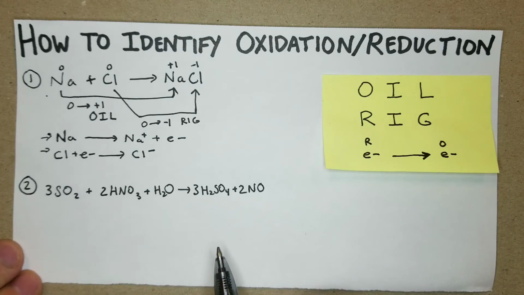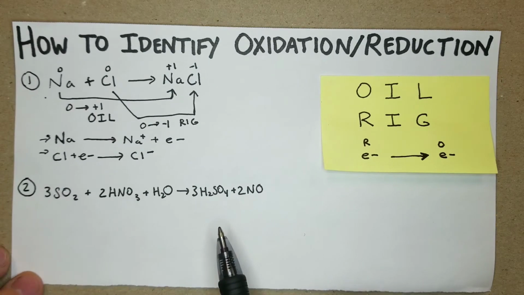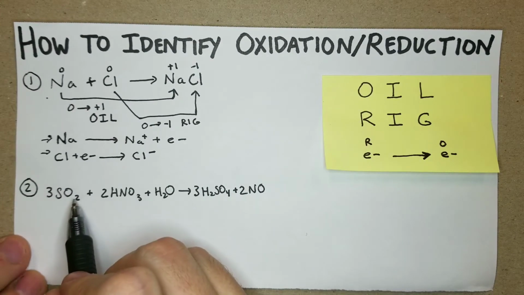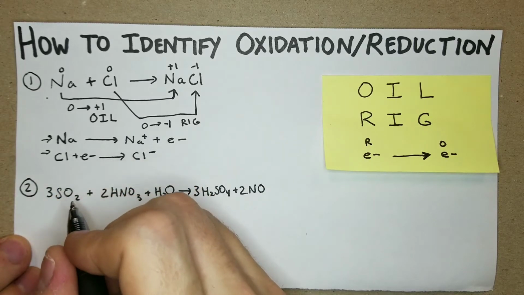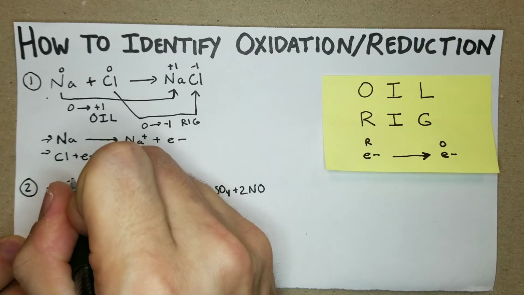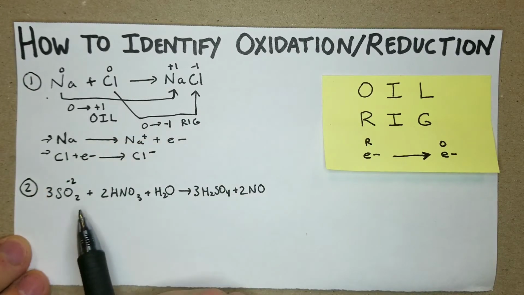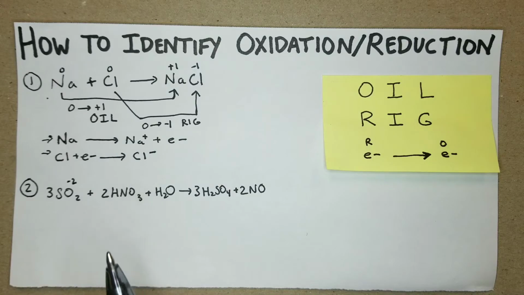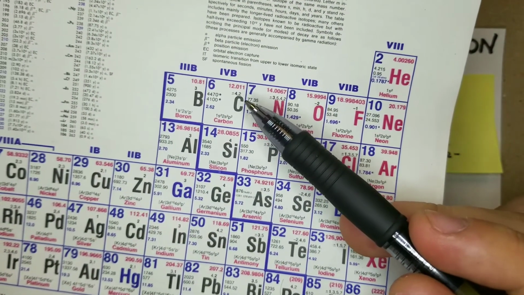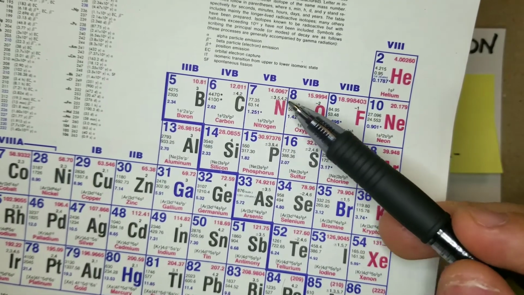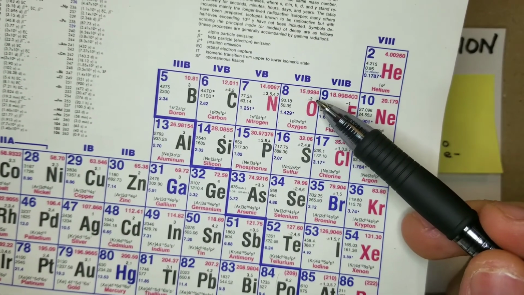In this problem, one thing that we can look at first is the O's. We're going to ignore the subscripts here. For every O, we're going to have just a -2, because again, you can consult the periodic table. And this particular periodic table actually indicates the oxidation state right there, 2-, you can see it.